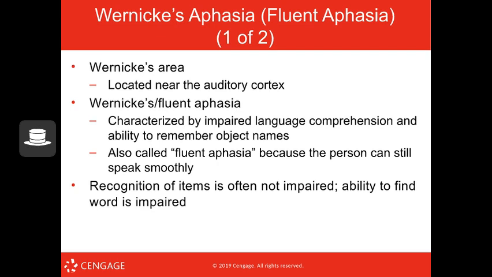Because when damage happens to the brain, it's like, if you've ever had that tip of the tongue feeling where you can't find the word, that would be what it is. So they might try to replace the word with something else. When they see something, they might recognize it, but have a very hard time knowing what to call it. That would be Wernicke's aphasia.